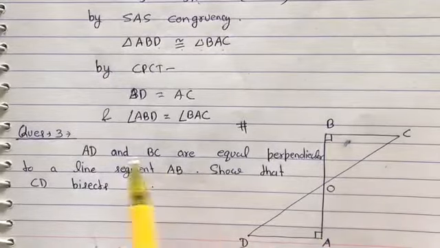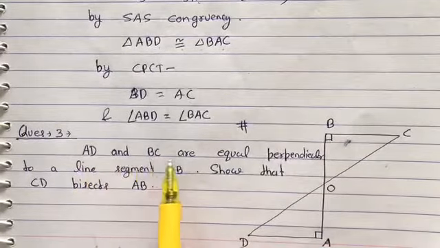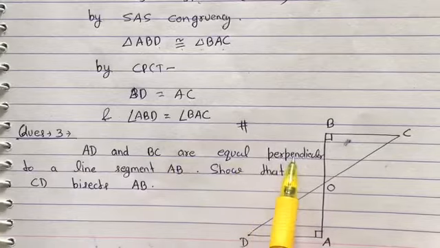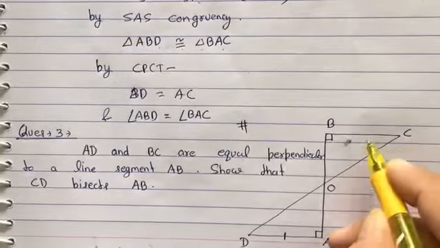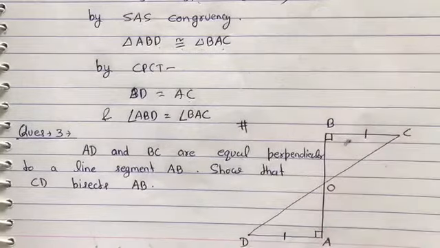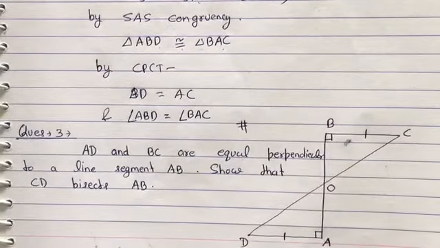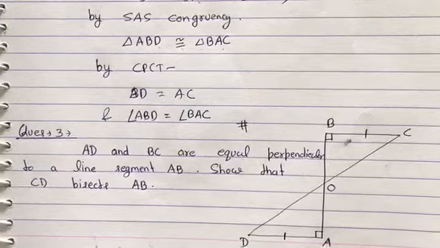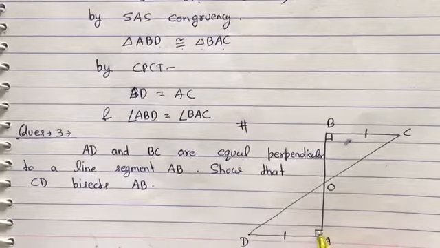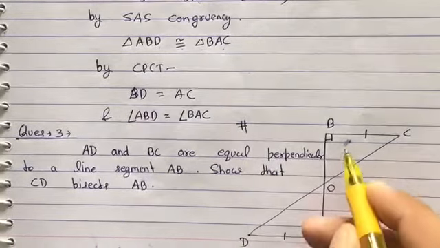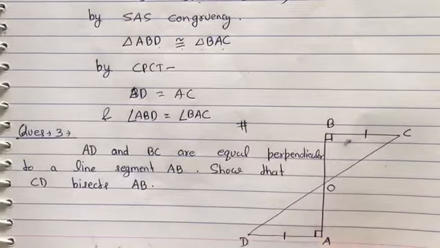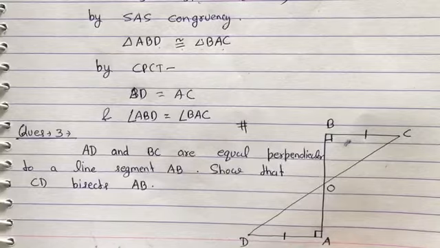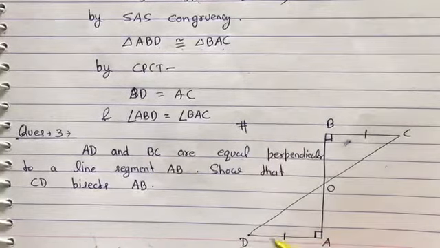This is the figure. AD and BC are equal perpendiculars, means first thing is AD is equal to BC. Okay, and equal perpendicular means this angle is 90 degrees and this angle is 90 degrees on the line segment AB. This is the line segment AB, and we have to show that CD bisects AB.